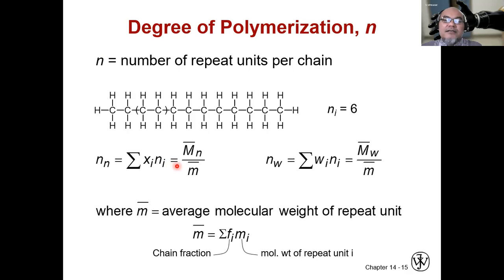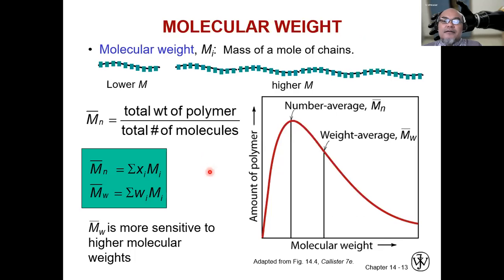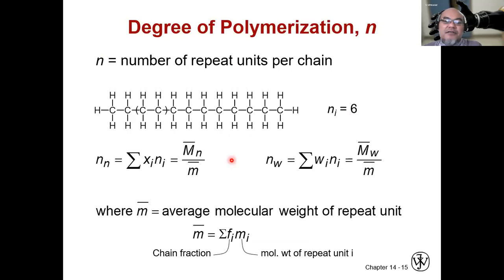Basically this equals the number average of the mass divided by the average molecular weight of the repeating unit. The M here can be calculated from sigma Fi, the chain fraction, multiplied by Mi, the molecular weight of the repeating unit i.